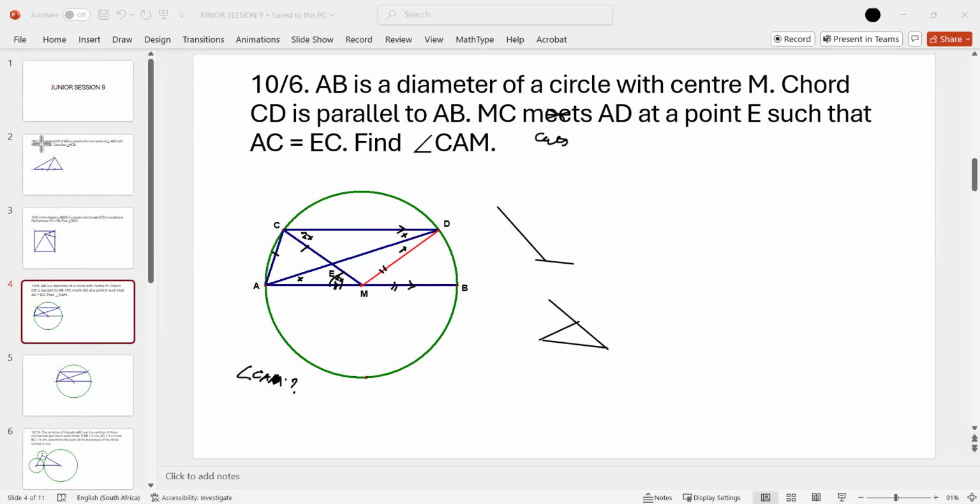I mentioned in some other time about the flag. And the angle we are looking at, this is C, this is M, and this is A. I'm just looking at this one here, C, M, and this is E here. C, E, M, A. And we have that this is X, and this is 2X.